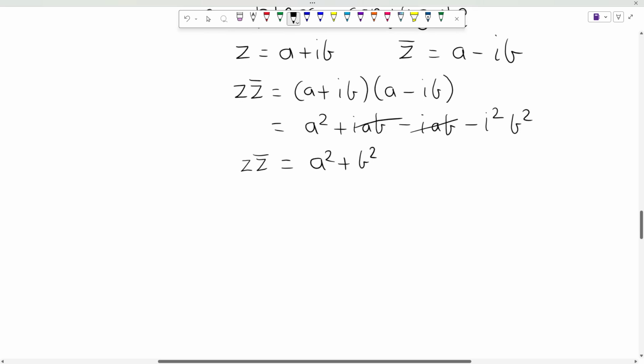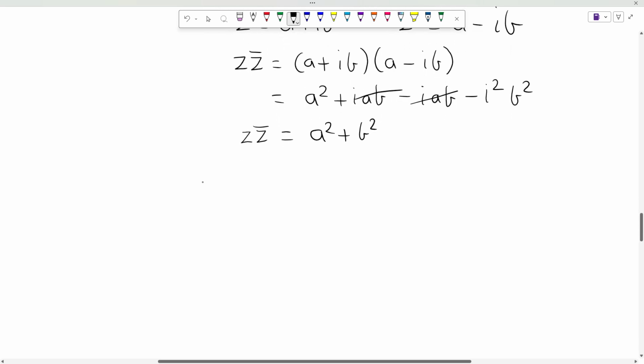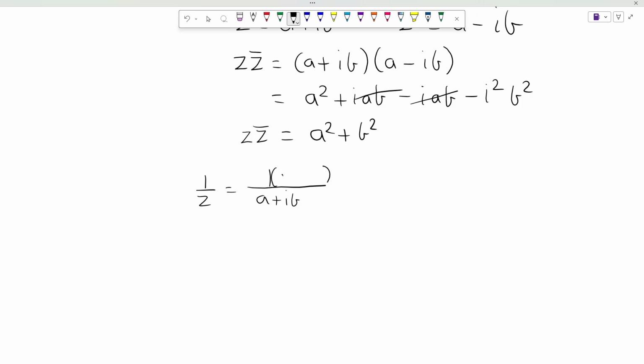Okay. Now to find the reciprocal, we need to multiply both numerator and the denominator with the complex conjugate of z, which will be z bar. Okay.